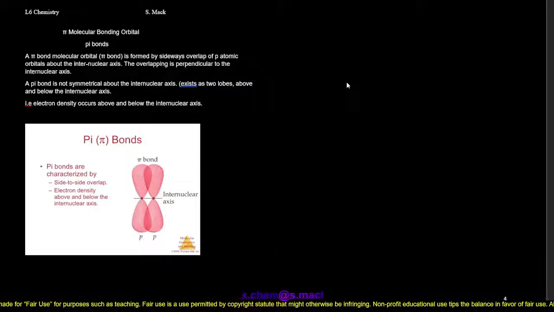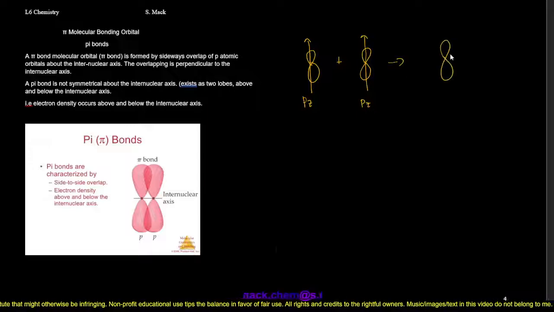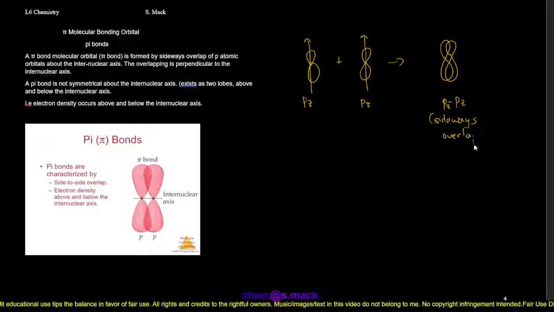And it also mentions where the electron density in the pi bond is found. So what I'm going to do is just draw a diagram showing the formation of our pi bond. And all we need to show is this sideways overlap. And of course, to draw in our internuclear axis.